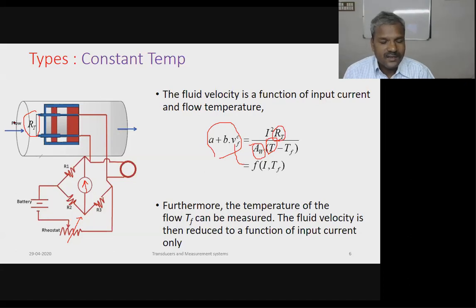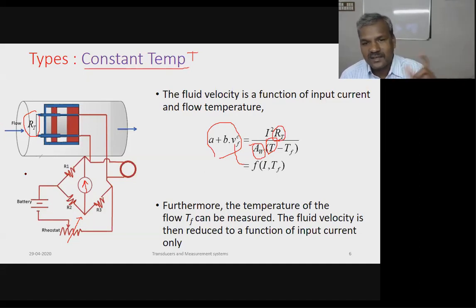So when flow increases, what our aim is in constant temperature is, at any velocity, we have to keep the temperature of the wire constant. How to keep the temperature of the wire constant? By increasing or decreasing the current through the wire.